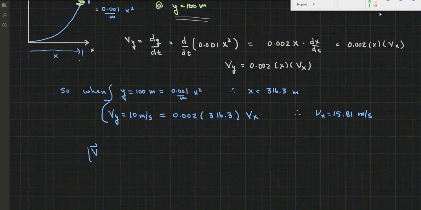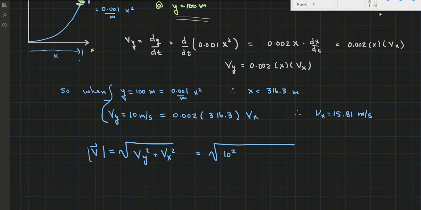The magnitude of V is the square root of Vy squared plus Vx squared, which equals the square root of Vy is given as 10 and then 15.81 squared for Vx, and this results in 18.7 meters per second equals the magnitude of V.